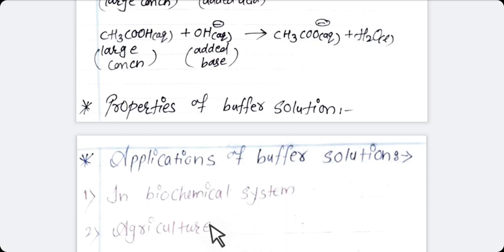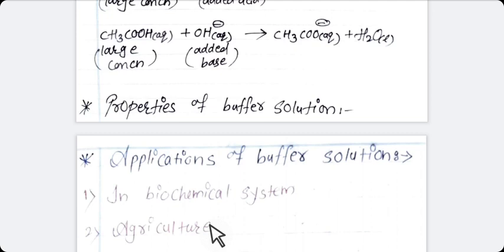The next application of buffer solution is in agriculture. The soil gets buffered due to the presence of salts such as carbonate, bicarbonate, phosphate and organic acid.